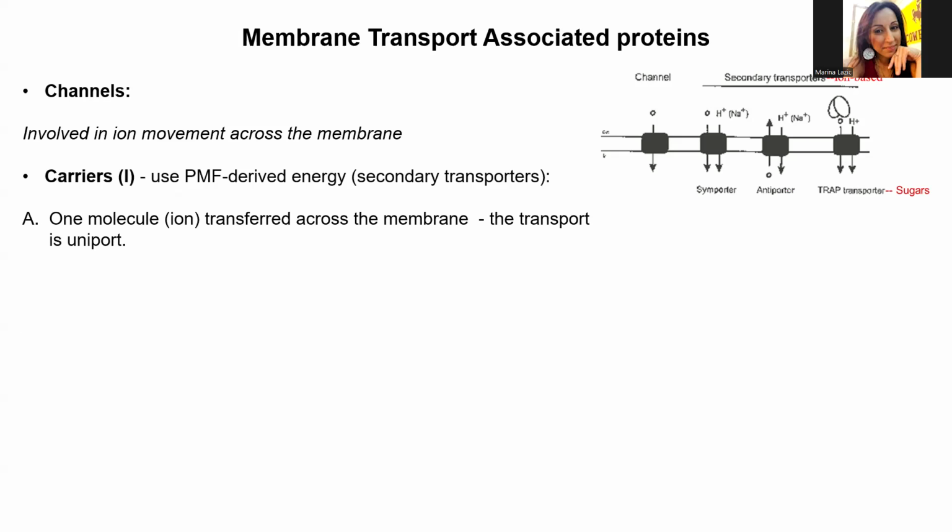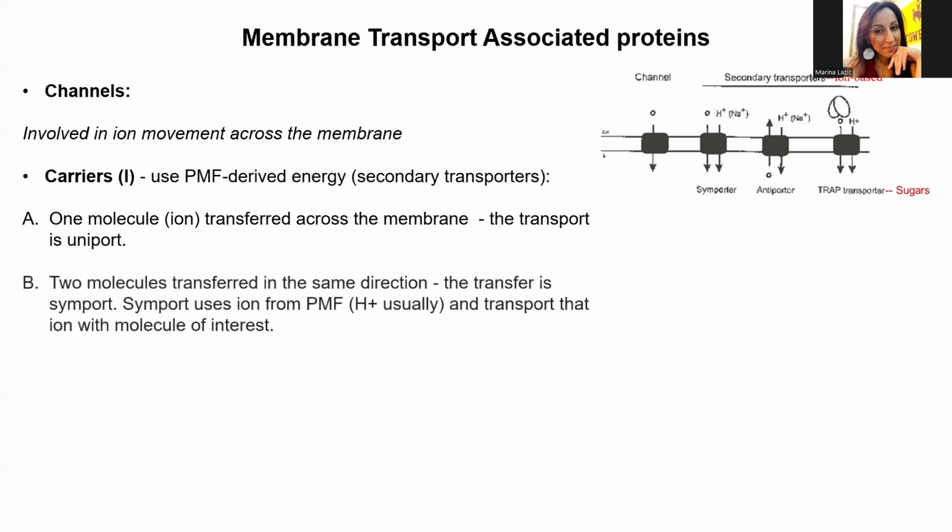If one molecule or ion is transported across the membrane, this is uniport. If you are transporting two molecules going in the same direction, that is symport. Sometimes one molecule comes in and the other comes out, and that's antiport. Very often, in the examples we will have in class, one molecule is hydrogen ion, the other one is sugar, and they are linked to each other.